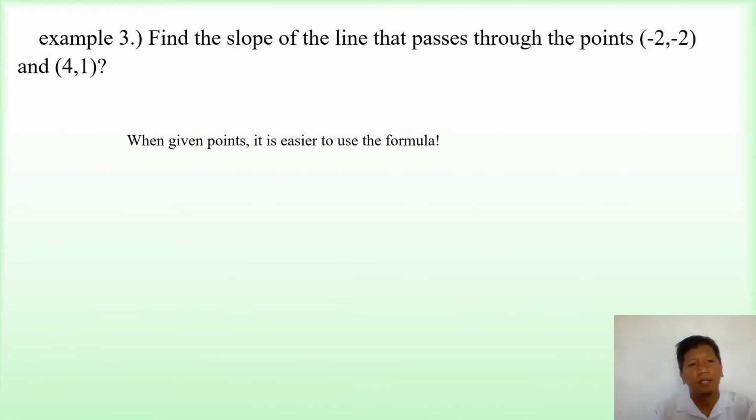Example number 3. Find the slope of the line that passes through the points -2, -2, and 4, 1. As you can see here, sinabi niya rito, when given 2 points, it's easier to use the formula. Again, what is our formula or the first representation of slope?